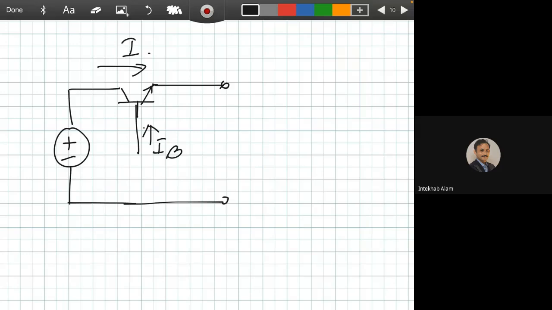Controlling this base current, we can control the current from this point. Do you agree?